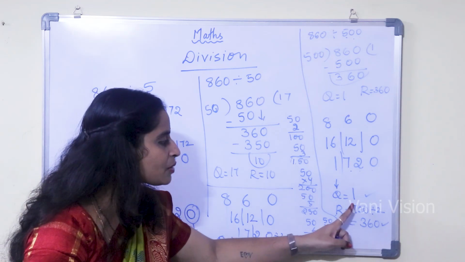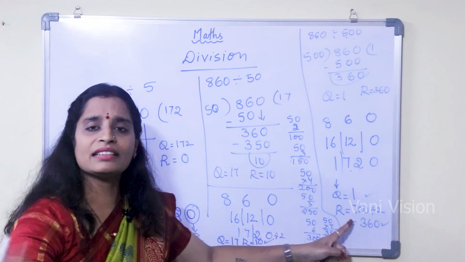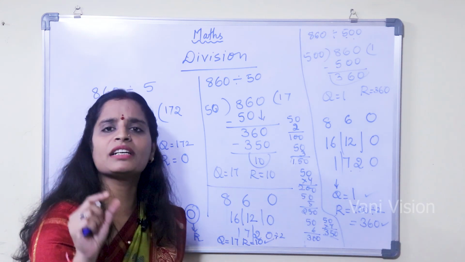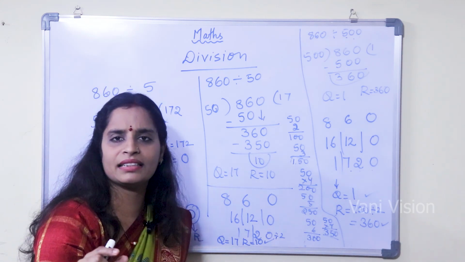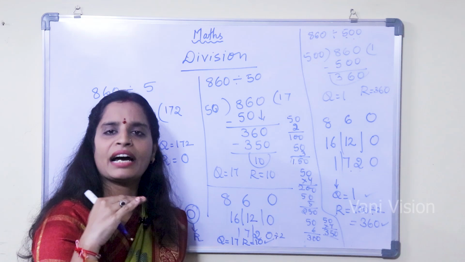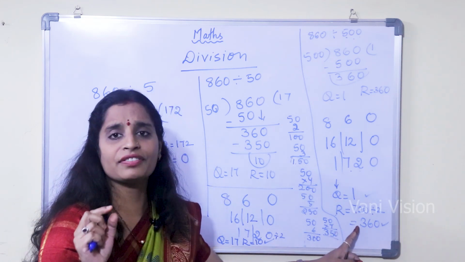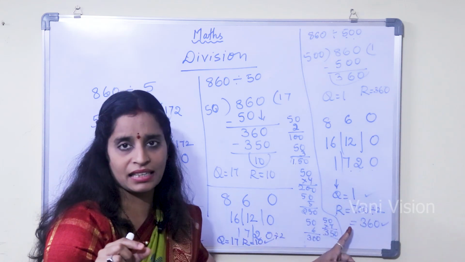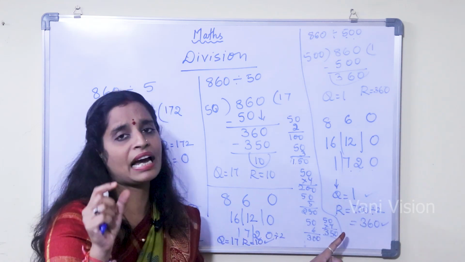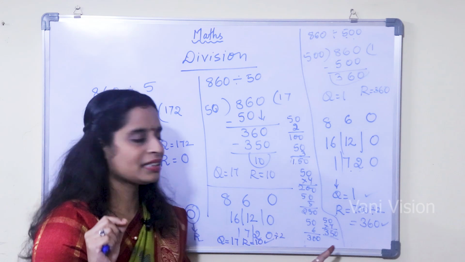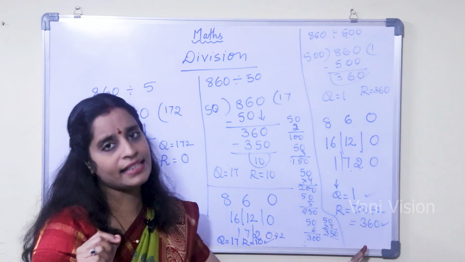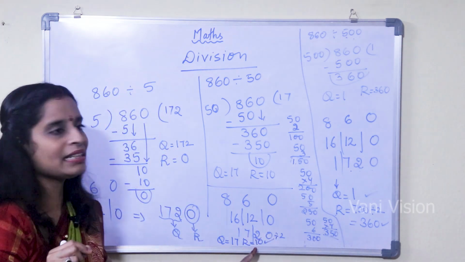Now our quotient is 1. And only one thing you have to remember: in the remainder you have to take half of it. Yeah, we have to take half of the number, whatever numbers we get after balancing. Now 720 means 360. Now here 20 means 10.